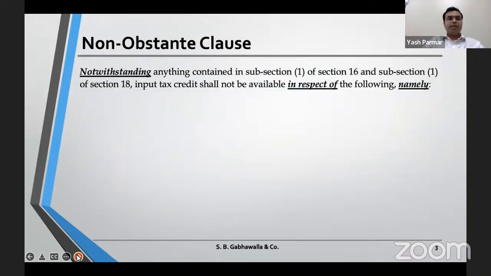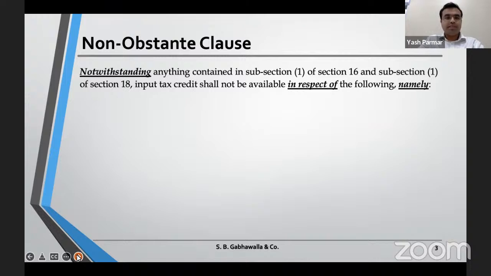Now, before going to each of the clauses or each of the transactions or activities which are blocked and prescribed in section 17(5), first I would like to spend some time discussing the opening paragraph of section 17(5). As you can see from the header of this slide, it is mentioned non-obstante clause.